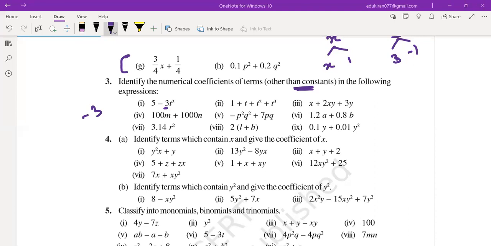For the next one, the terms are minus p square q square and 7 pq. So for minus p square q square, it's -1, and for 7 pq, it's 7. Good. Next. Ma'am, the terms are 1.2a and 0.8b, and the coefficients are 1.2 and 0.8. Next.